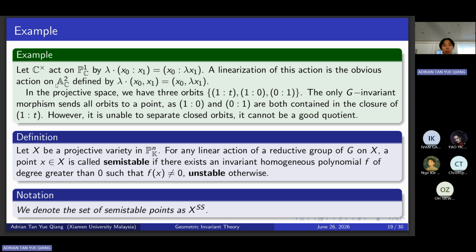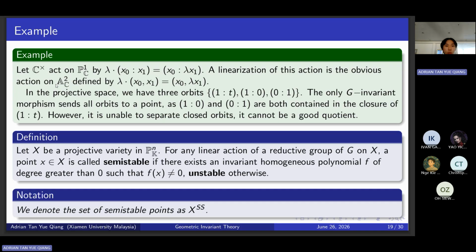And therefore, (1, 0) and (0, 1), which is a perfectly closed orbit, are getting mapped to the same point in the quotient, which is bad, because one of our geometric properties says that if the closures of the orbits do not intersect, they must not map to the same point. Okay, this is bad.